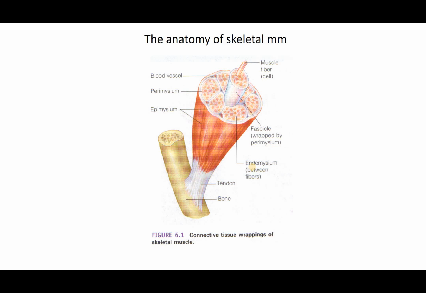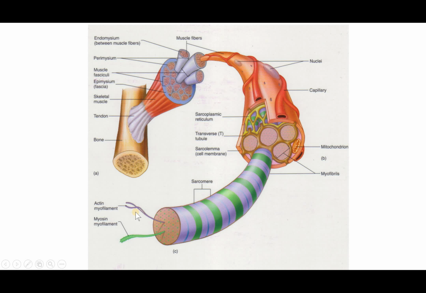Okay, know this diagram. This is how a muscle overall is put together. We're going to start from the inside and work our way out. I'm going to start with this one actually. It's basically the same picture, just a different animation. So the smallest components here we see are the actin and the myosin.